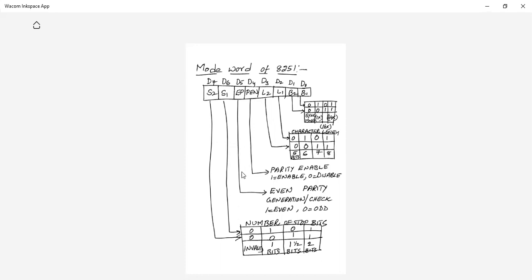Right. So these stop bits are always applicable for the transmitter. After transmitting the data, immediately we need to send the stop bits, right?